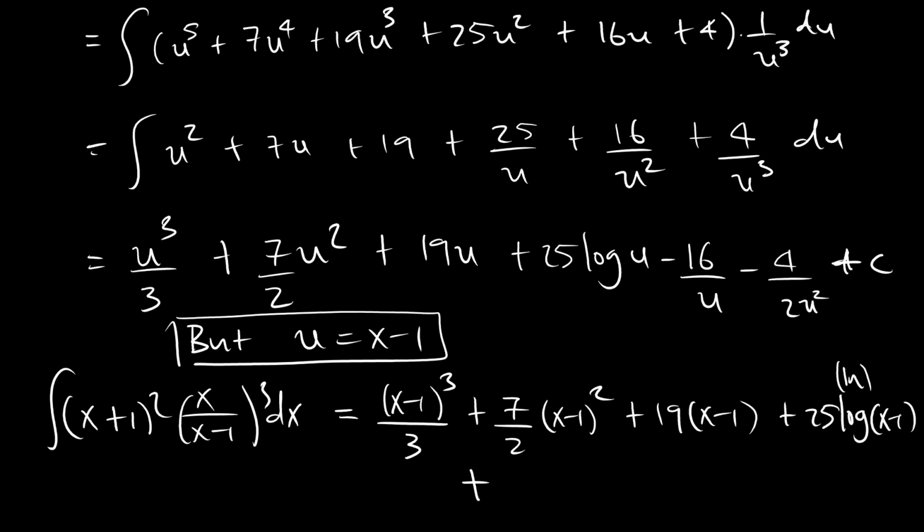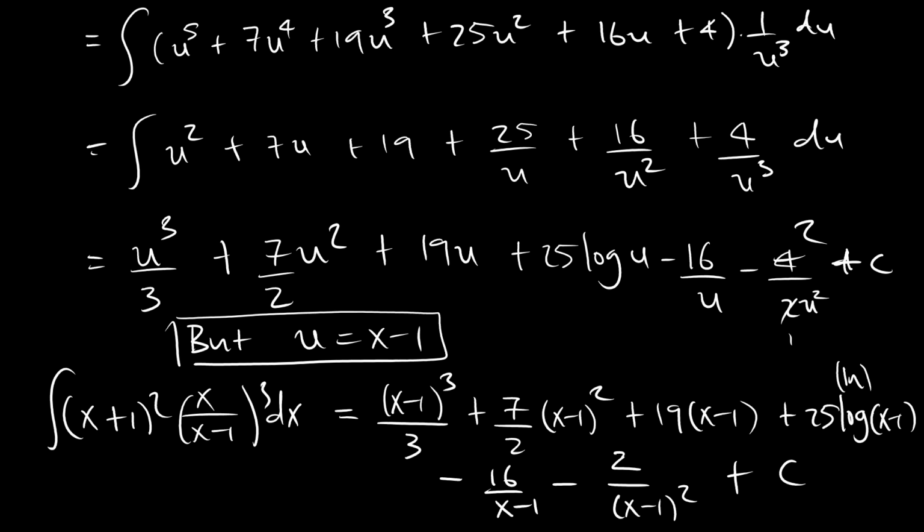minus, rather, minus 16 over x minus 1 minus 2 over this one, so 2 over (x minus 1) squared plus the integration constant.